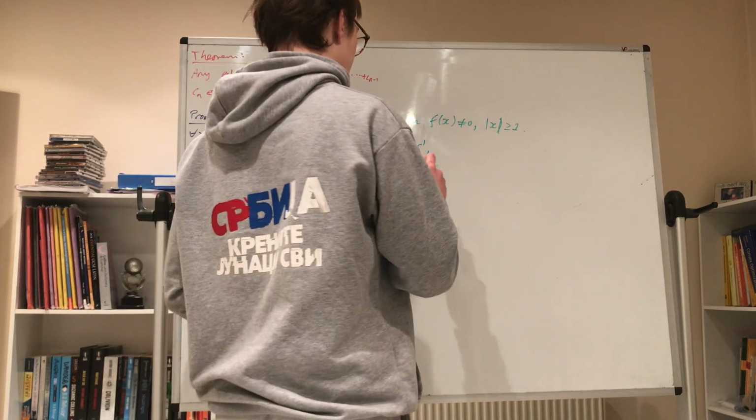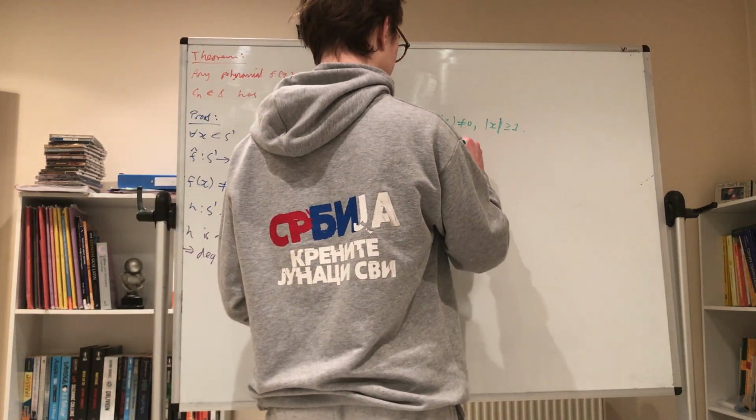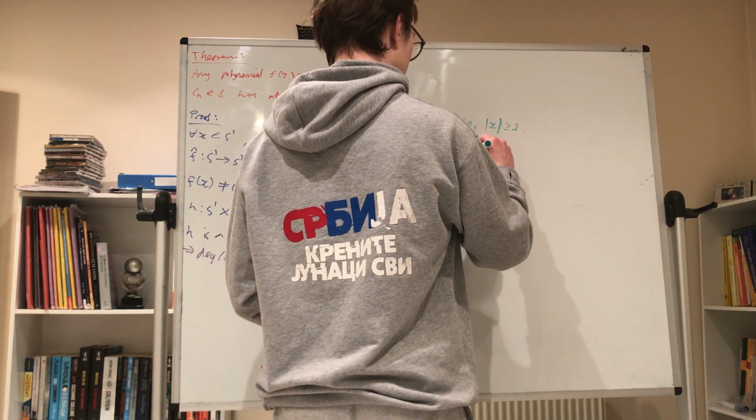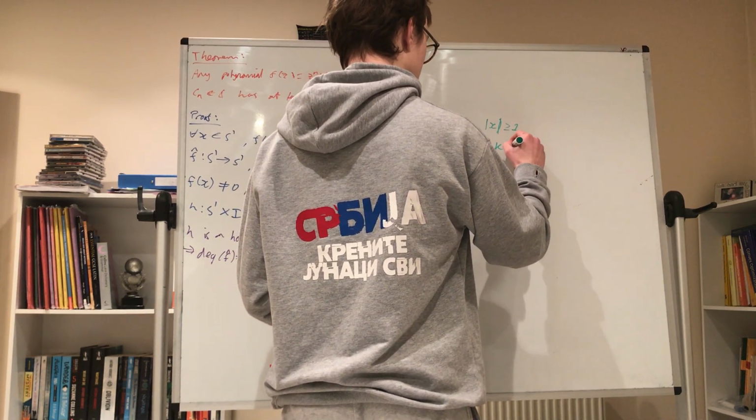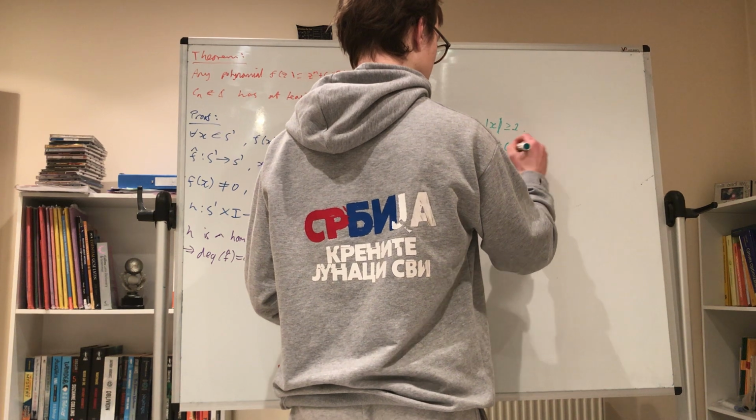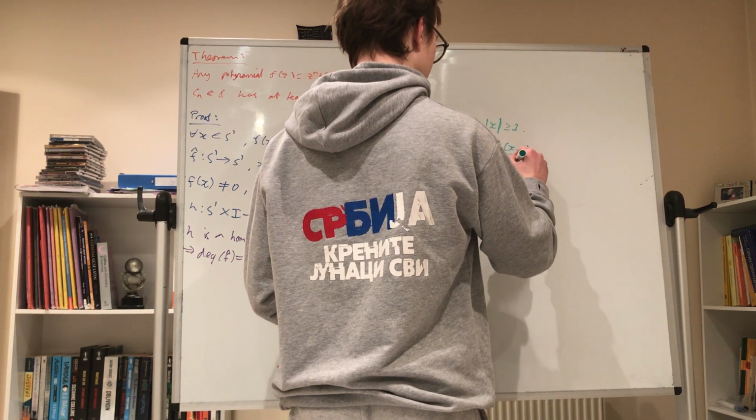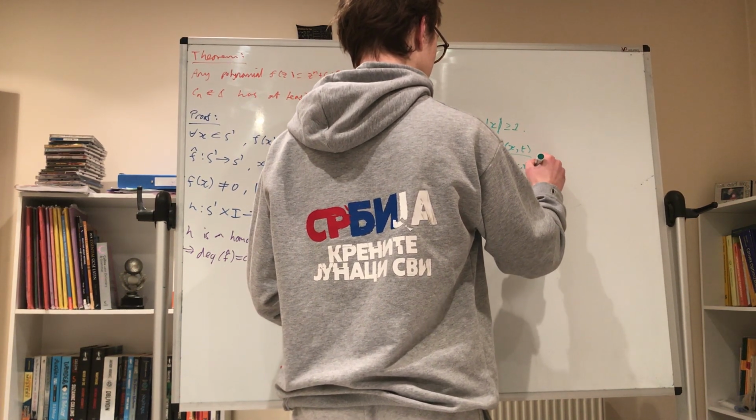J will map x_t to k of x_t divided by the absolute value of k of x_t.